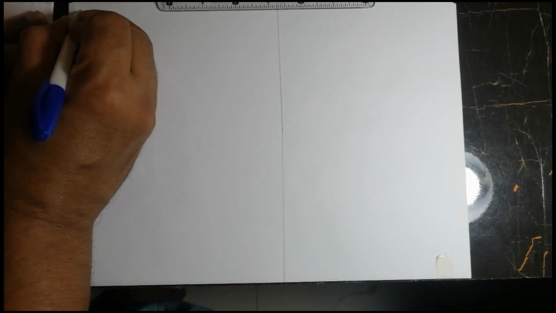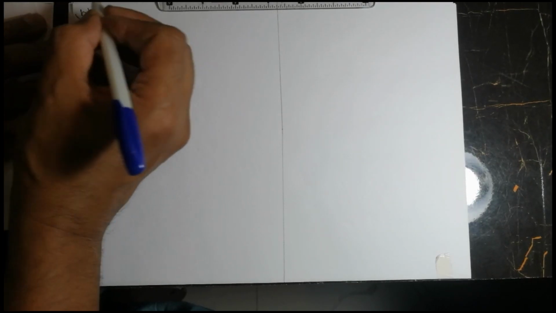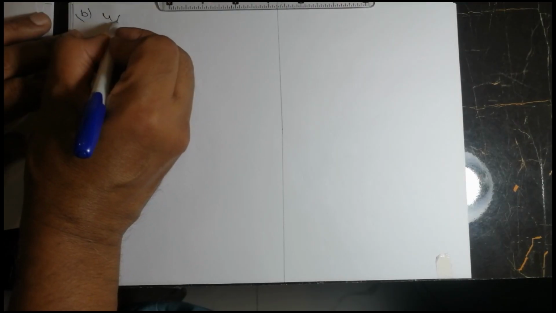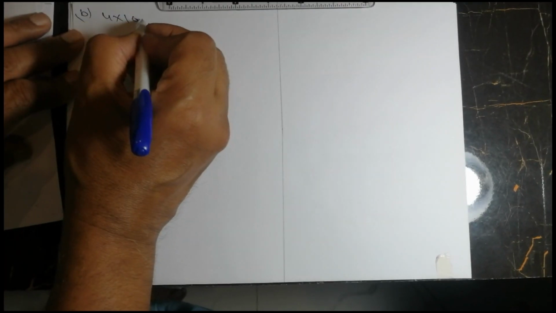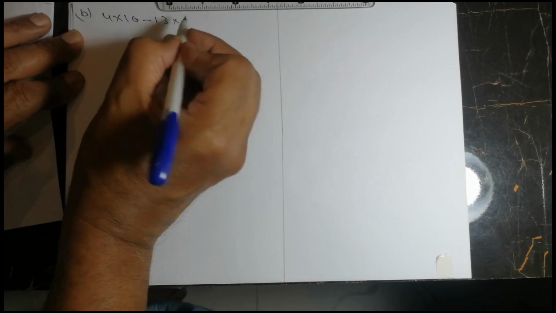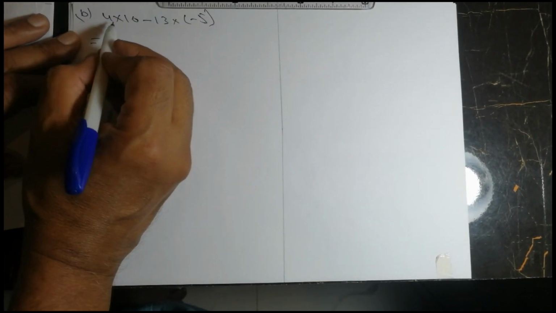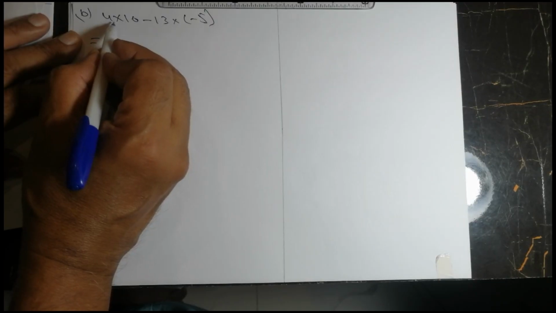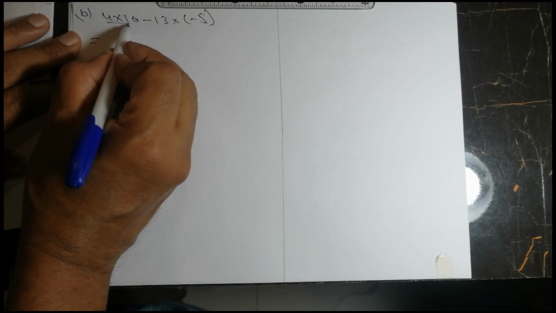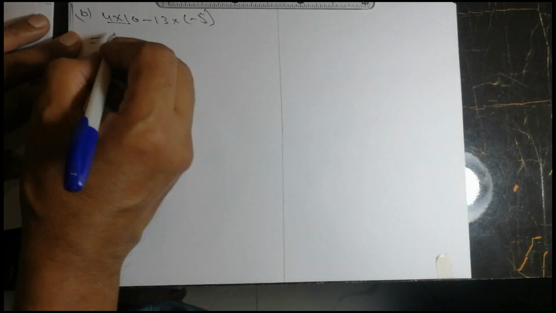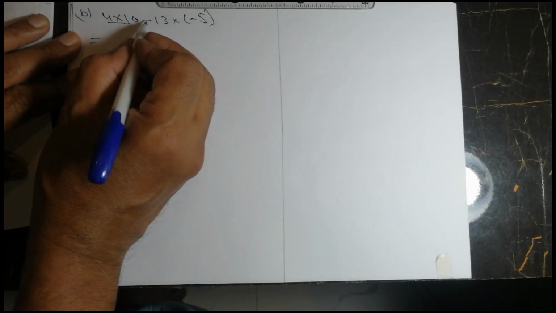Part B of this question number 14, that is 4 into 10 minus 13 into minus 5. So that is a division. So we can multiply these numbers and multiply these two. Then we will subtract.